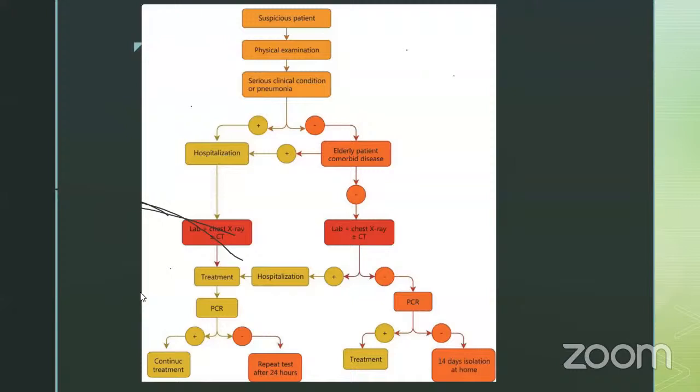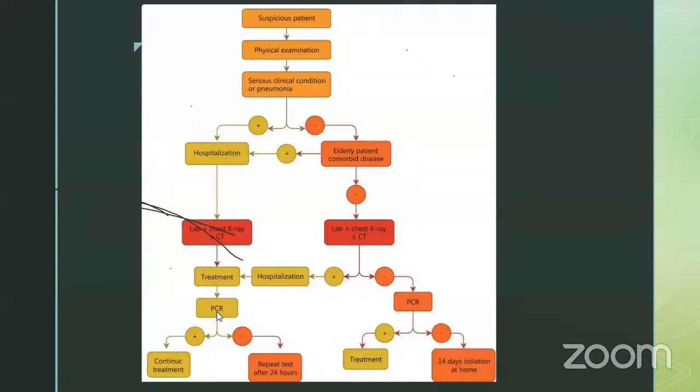Based on that, we can start the treatment right away, because RT-PCR results can take some time. So we don't have to wait until that. If any of these are present, clinically suspicious patient and having findings in the chest X-ray, CT or lab parameters, we can right away start the treatment. Then we can confirm with RT-PCR findings and continue the treatment.